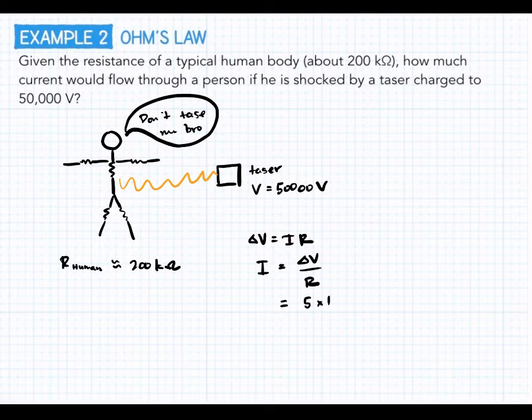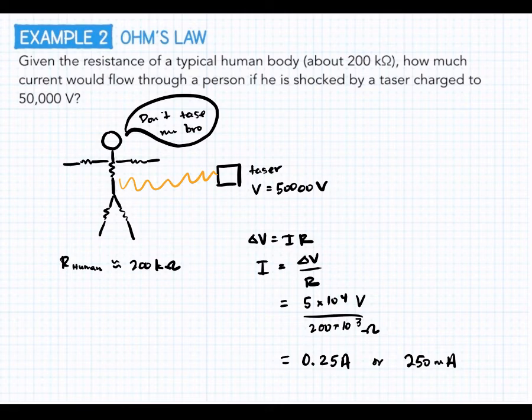So that's 5 times 10 to the 4th volts over 200 times 10 to the 3 ohms. So that's the 200 kiloohms. You put that into a calculator, that gives you about 1/4 of an amp. Or you can call this 250 milliamps.